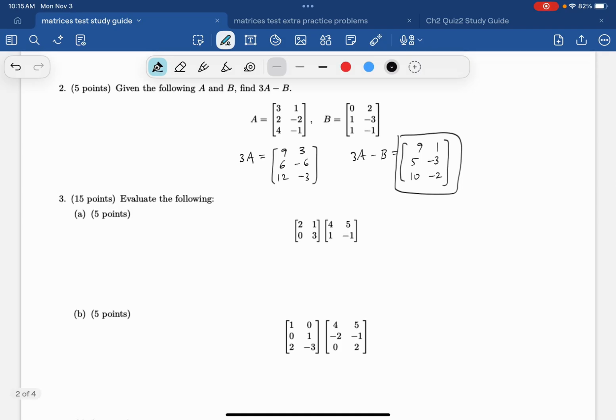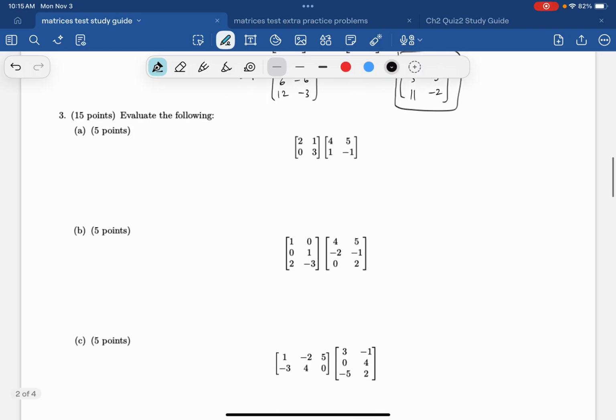Let me double check. Oh, sorry. Gosh. 12 minus 1 is 11. Okay. That's a terrifying mistake.